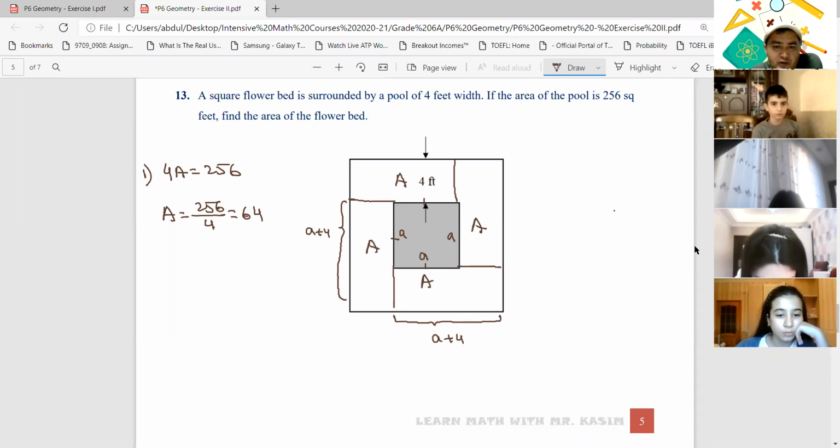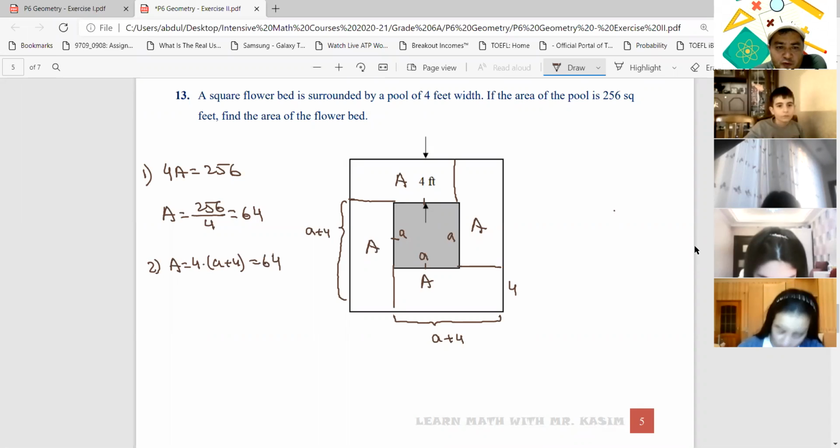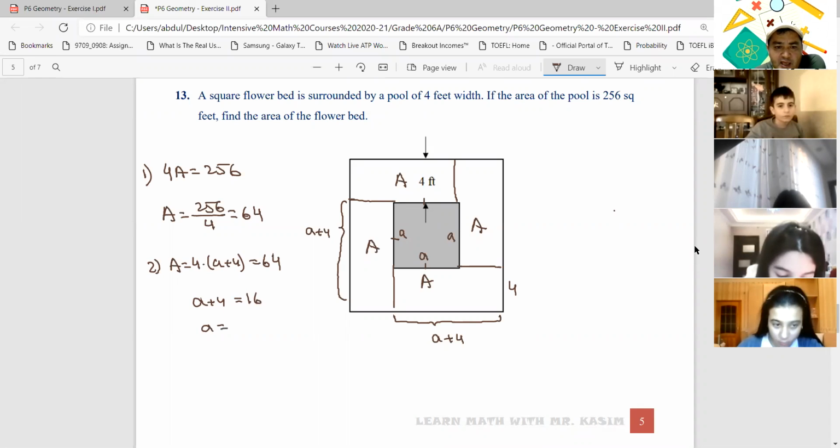Now we know the area of one rectangle. Number 2, what is the area of the rectangle? The width is 4, right? That is 4 times (A plus 4). That's equal to 64. Now from here, A plus 4, 4 times what number is 64? That's equal to 16. So what is A? A equals 12.